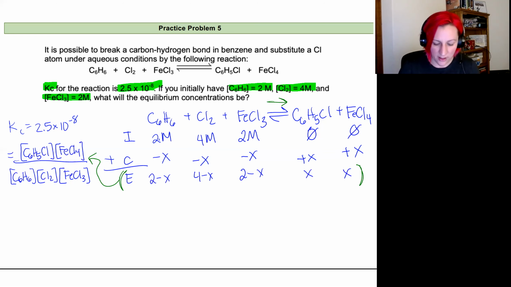Maybe there's a trick. So I'm going to set my 2.5 times 10 to the negative eighth equal to x times x, so x squared on the top, over 2 minus x times 4 minus x times 2 minus x.